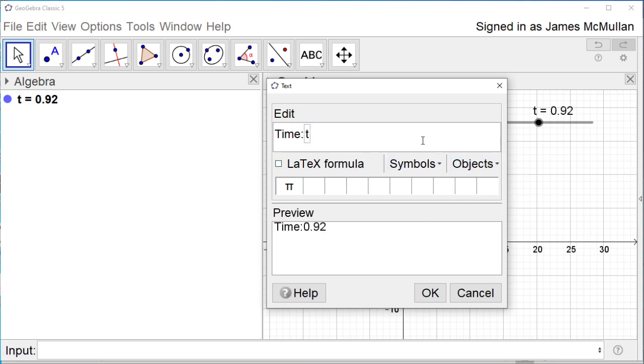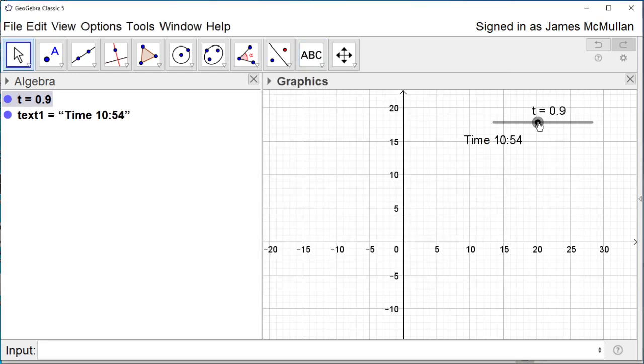T, 60, 10. Okay, so there is the current time. So 10:55. So every tick is going to change the time by 1 minute.